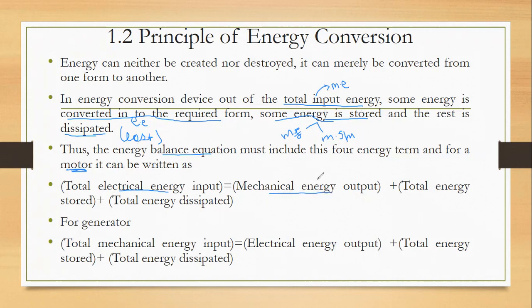But we also have to consider the stored energy, which, like I said, is in the magnetic field and in the mechanical system, and the other one is the dissipated. For a generator, like I already explained, the input will be mechanical energy, the output will be electrical energy, and there will be energy stored and energy dissipated. So what does dissipated mean? There are different kinds of losses, which I will be explaining now.